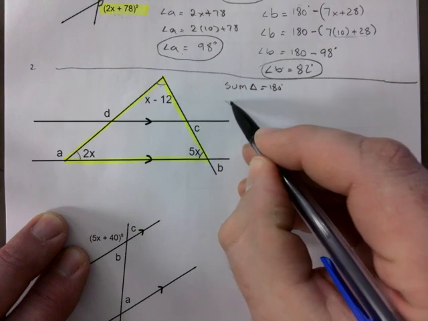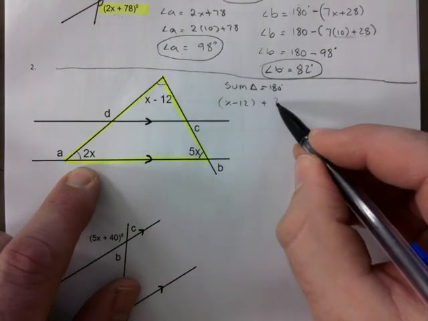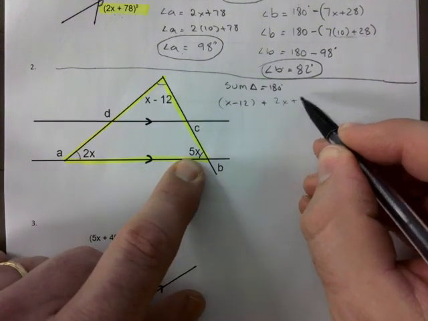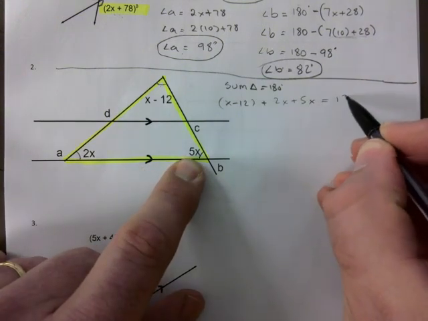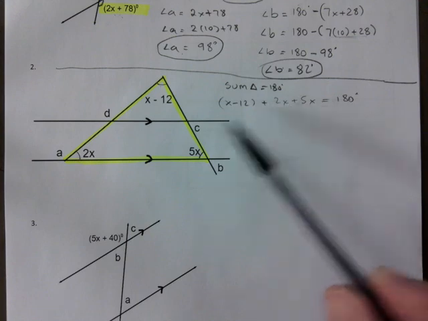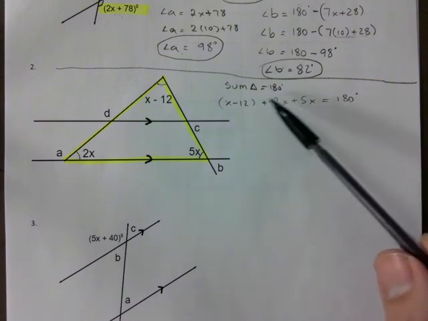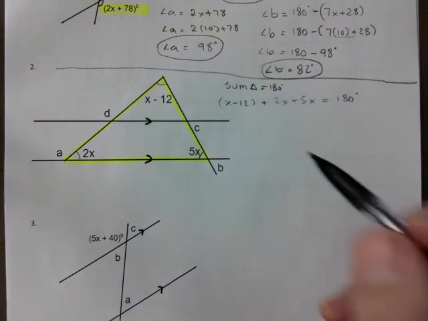And so we're going to go (x minus 12), I put that in brackets, plus 2x, plus 5x. All of that adds up to 180. So there's not a one size fits all. You have to watch out how those angles that have the variable x in them are related. And in this case, I know that all three add up to 180.